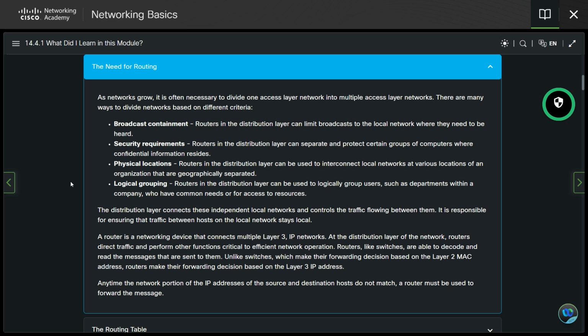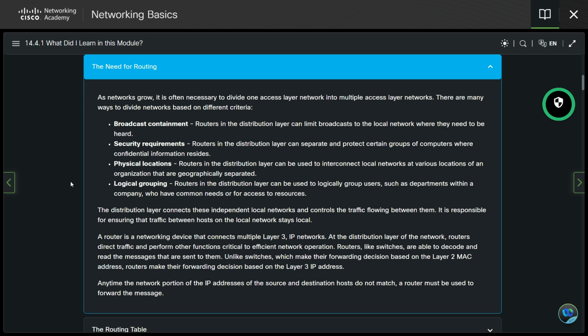Routers in the distribution layer can be used to interconnect local networks at various locations of an organization that are geographically separated. And the last point is logical grouping. Routers in the distribution layer can be used to logically group users, such as departments within a company, who have common needs for access to resources.